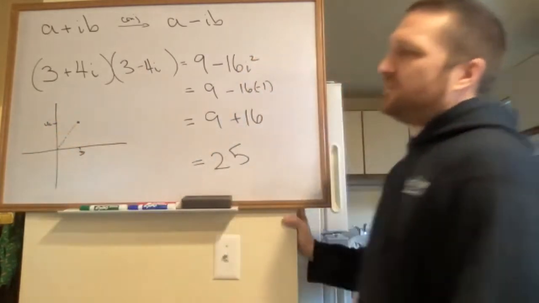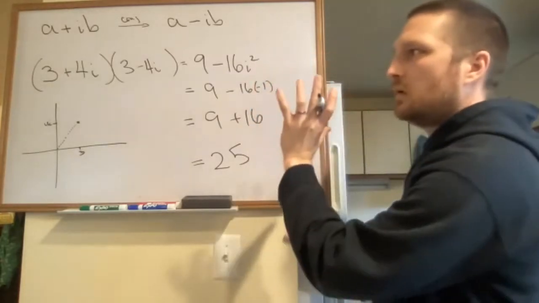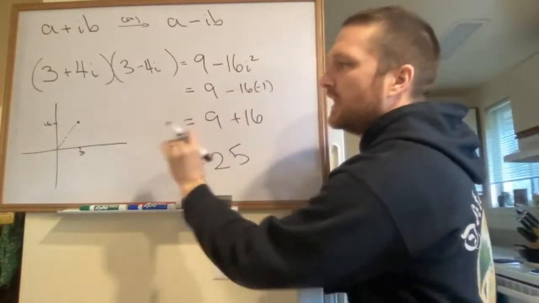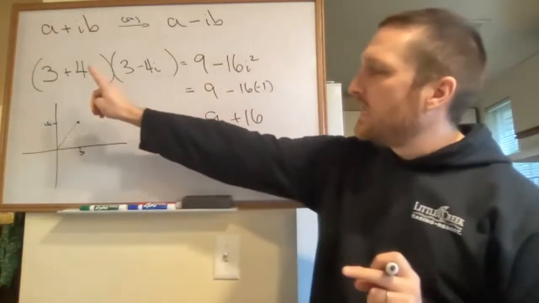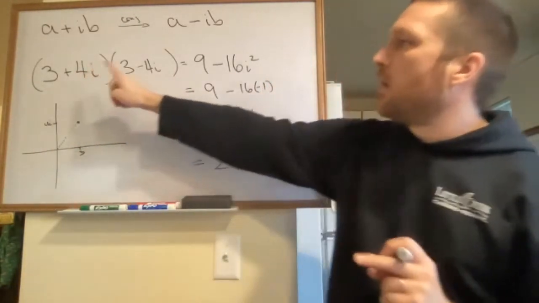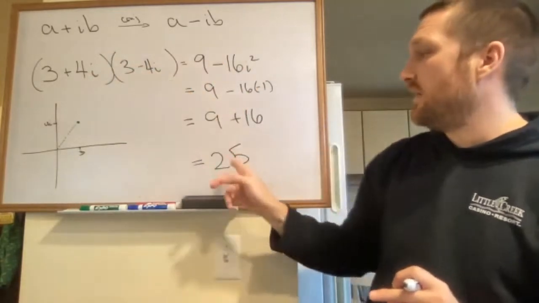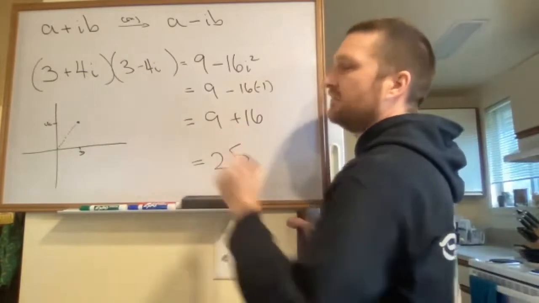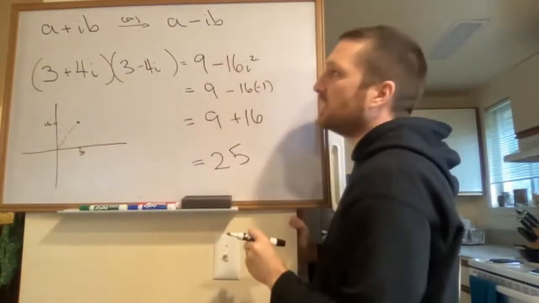Another way of talking about the magnitude of a complex number is to say, you take your complex number, multiply it by its conjugate, and then take the square root of that, and you will get the distance. That's always going to be true.